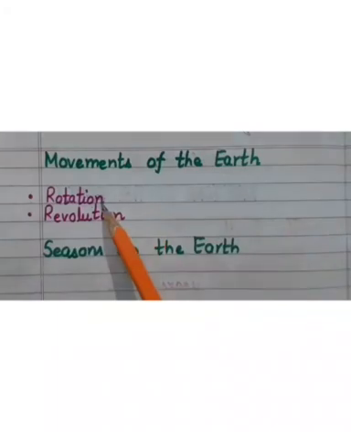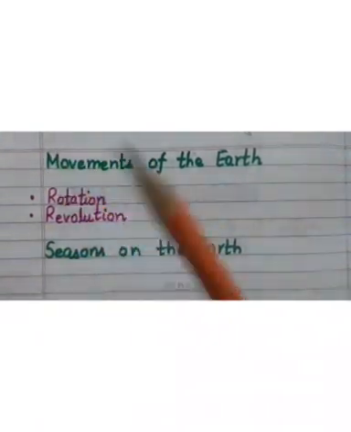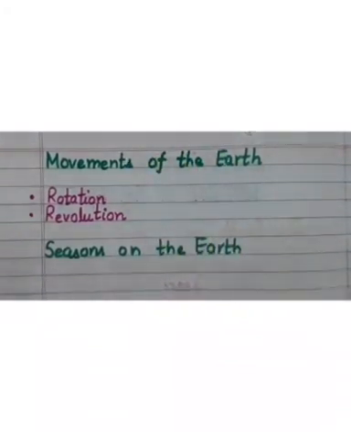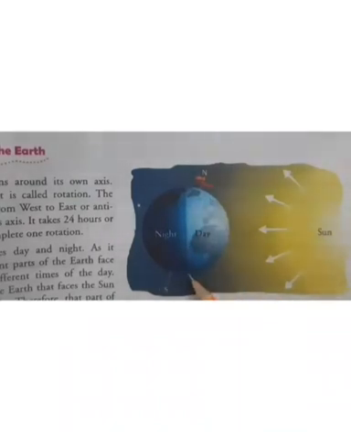Now just because of the rotation of the earth, days and nights occur. When the earth rotates, only one part of the earth faces the sun. Only this half is visible to the sun, so the sunlight falls on it.